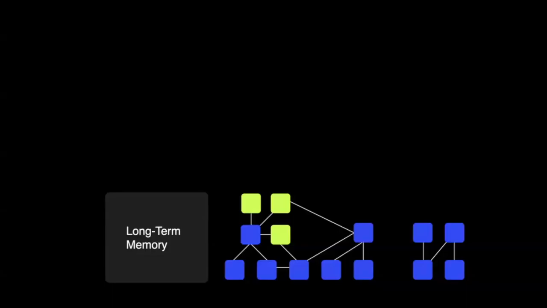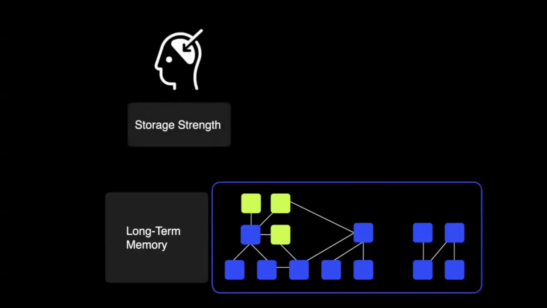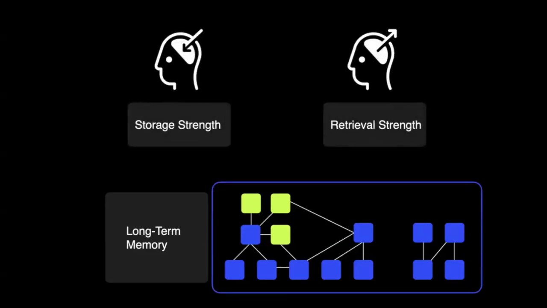One thing to understand here is that an item in memory is characterized by two strengths: storage strength and retrieval strength. Storage strength relates to how well someone has encoded and stored the information during the learning process, while retrieval strength refers to the current ease of access to the item, meaning how easily the person can retrieve information from their memory based on available cues.